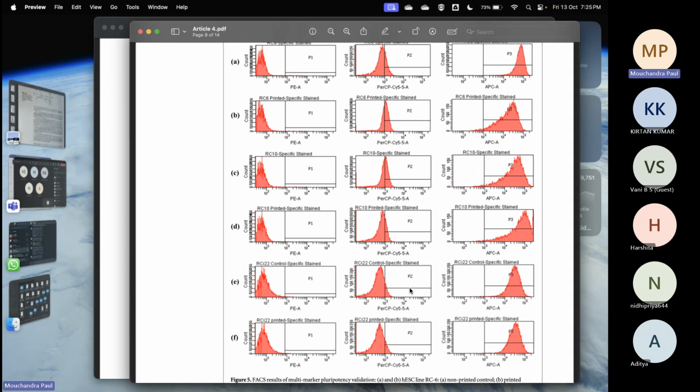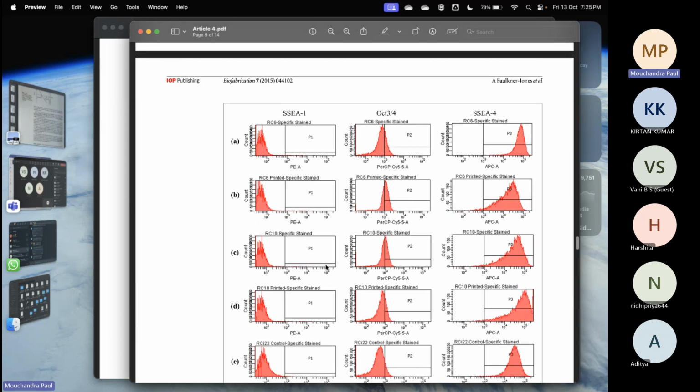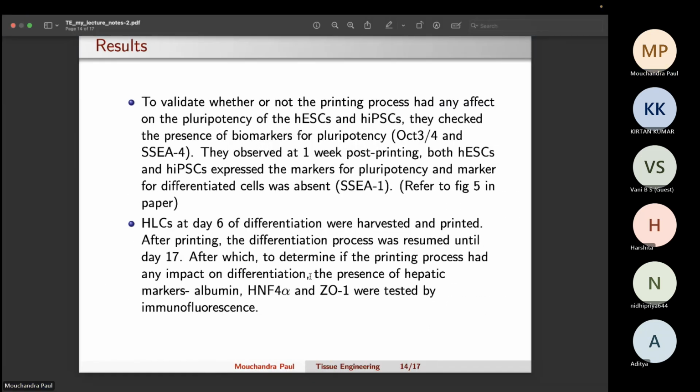So these graphs show that there is no difference in the expression of the markers. There is no difference in the pluripotency of these two types of stem cell populations due to 3D bioprinting.